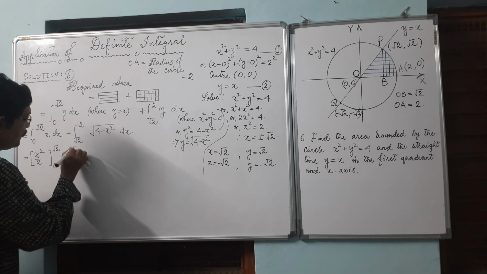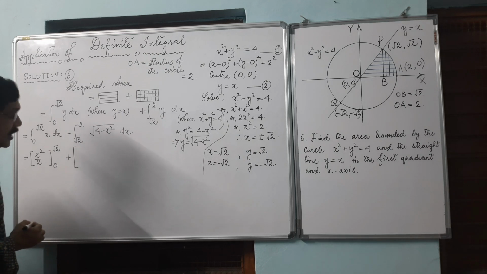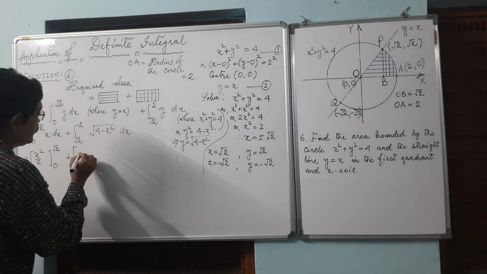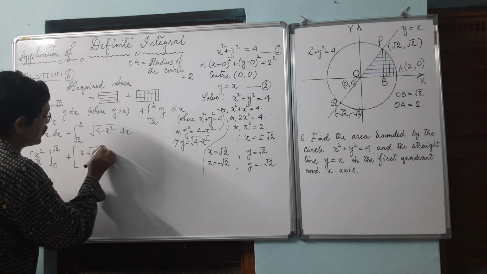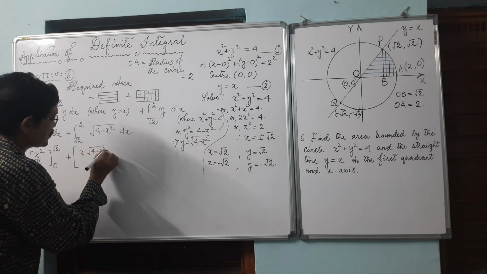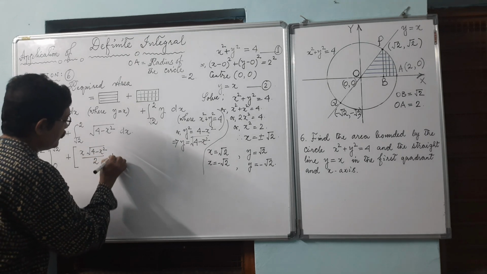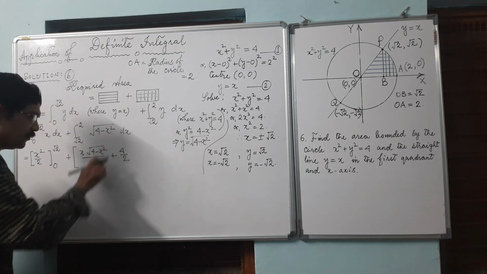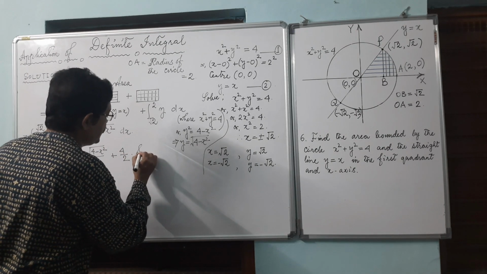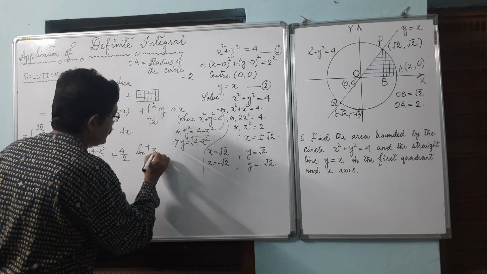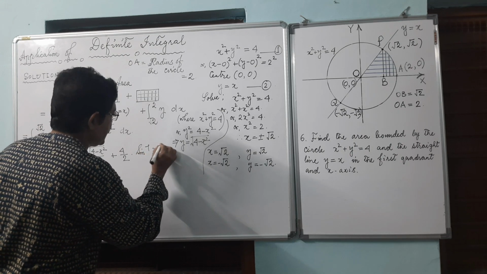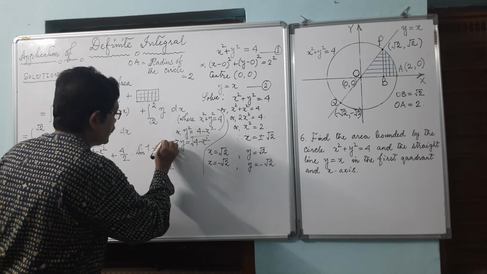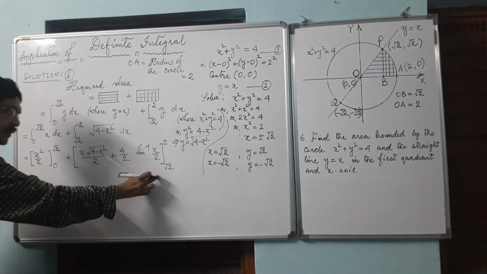Here, if we apply the formula for the integral of the square root of a square minus x square, whole dx, that gives x into the square root of 4 minus x square divided by 2, plus a square by 2, where a square is 4, so 4 by 2, sine inverse x by a, that means x by 2, from root 2 to 2. Here these are the upper limit and lower limit.